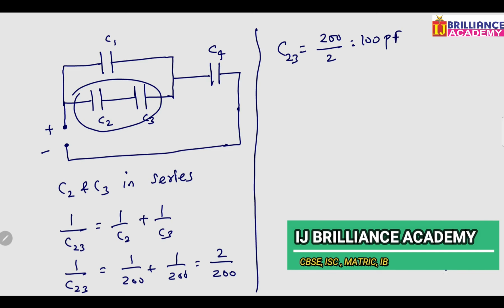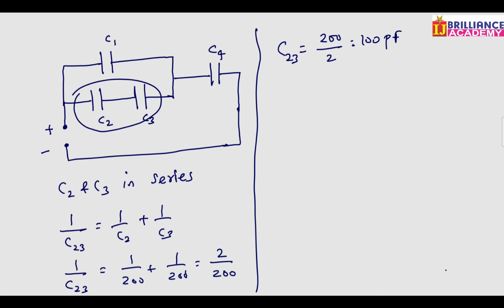Or you can do this easily because they are identical capacitors in series. It's C by N, that way also you can do, or product by sum. So you can choose those easy ways also. So C23 is 100 picofarad. Then C23 and C1 are in parallel.